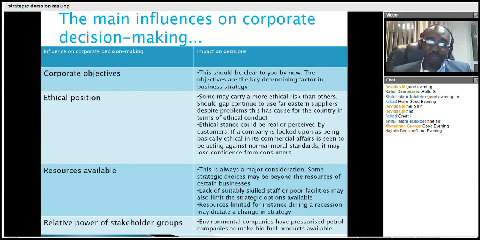We're going to look at the influence on corporate decision making and the impact on decision. We looked at two types of strategic decision. Can someone remind us of those two? We looked at two types of decisions yesterday.